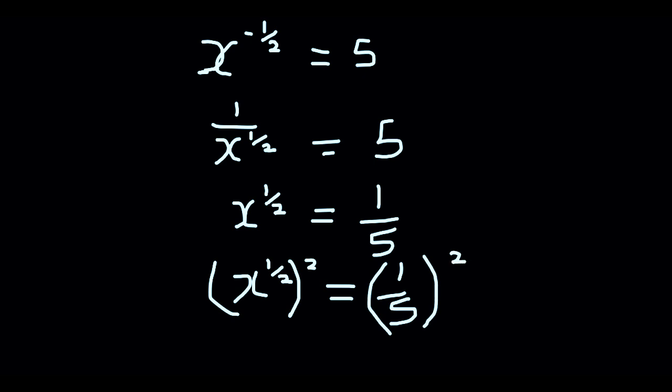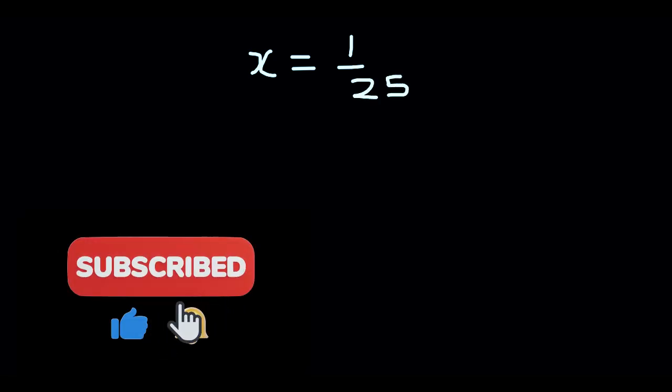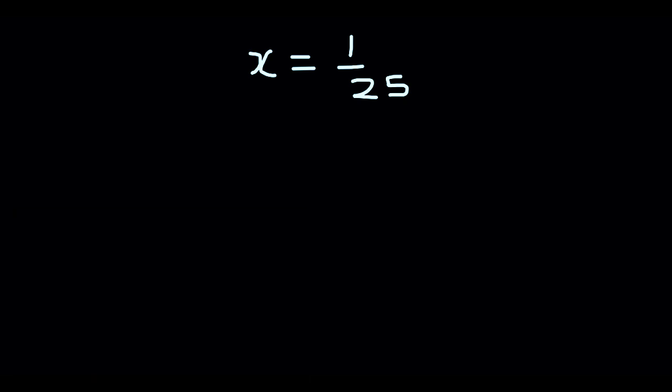This then becomes x equals 1 over 25, since 5 power 2 gives us 25.